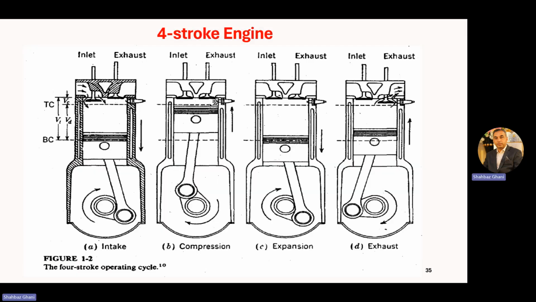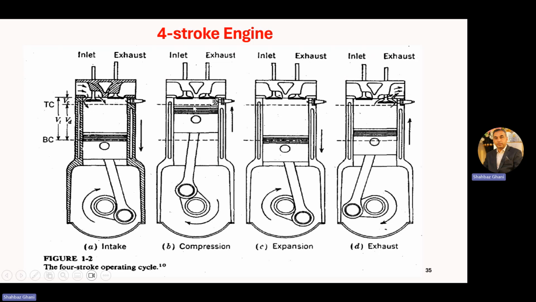Now, further explanation, as I already explained: intake stroke, piston is moving from this TDC to BDC. Inlet valve is open and we have an intake here. Piston is at BDC. Intake valve is closed and piston is moving towards TDC, and we are compressing the air fuel mixture here.